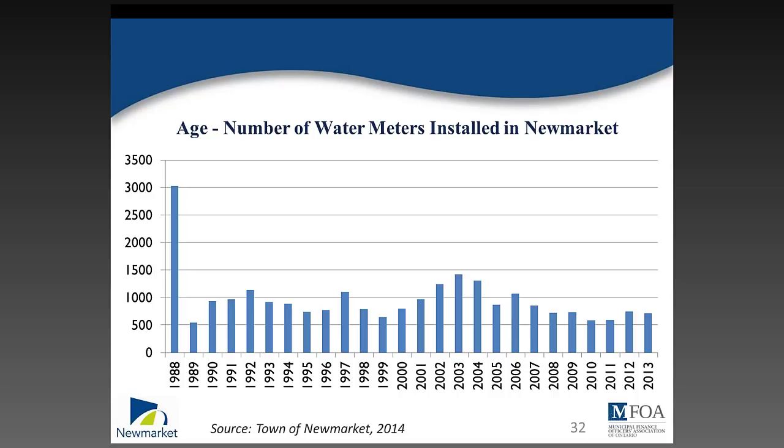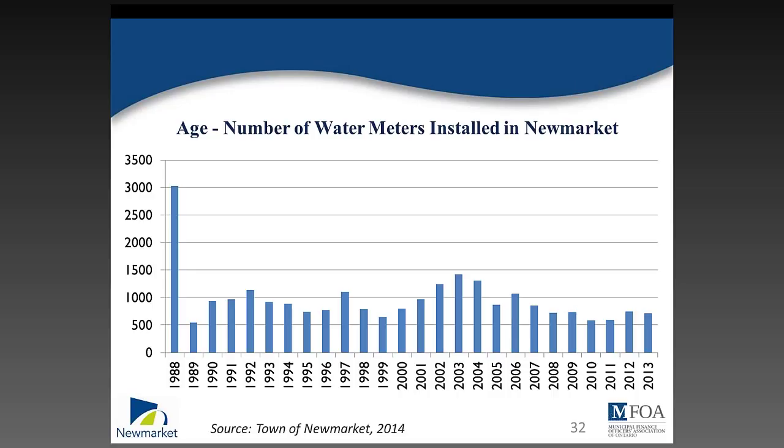The big spike at the beginning in 1988 was caused because that's when our paper copy of our database went to an electronic copy, and they were all inputted to be installed on a particular date in 1988.